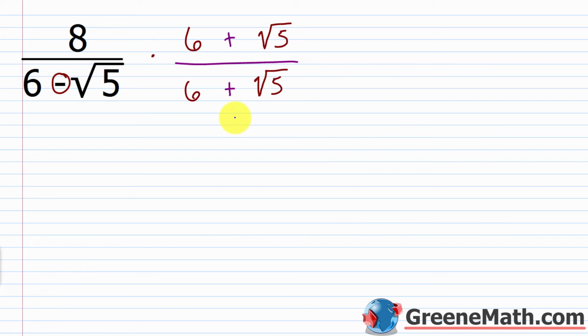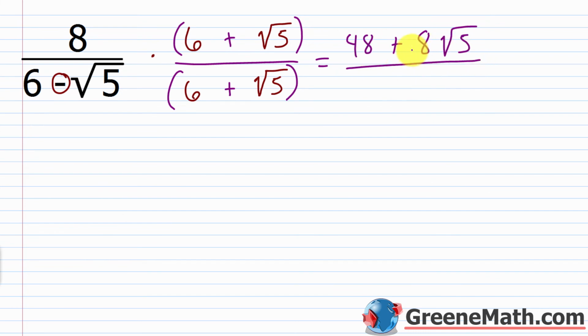So this is legal. Now, in the numerator, I just use my distributive property. 8 times 6 is 48, plus 8 times square root of 5 is just 8 times square root of 5. I can't do anything else there. For the denominator, realize that you have that pattern where you have 6 and 6, same term, square root of 5, same term, different signs, negative and positive.